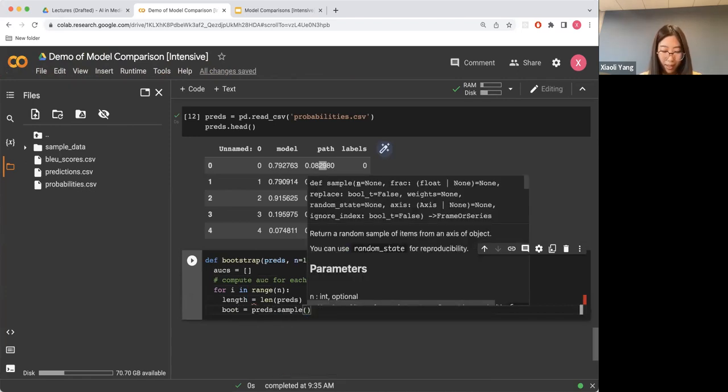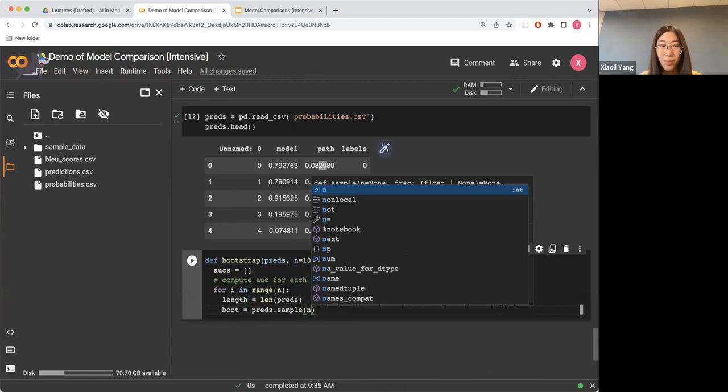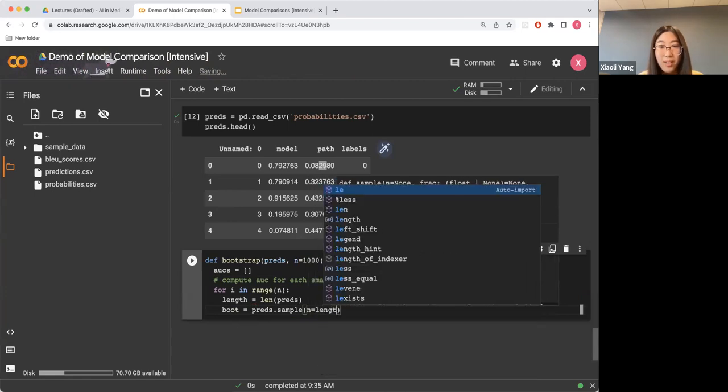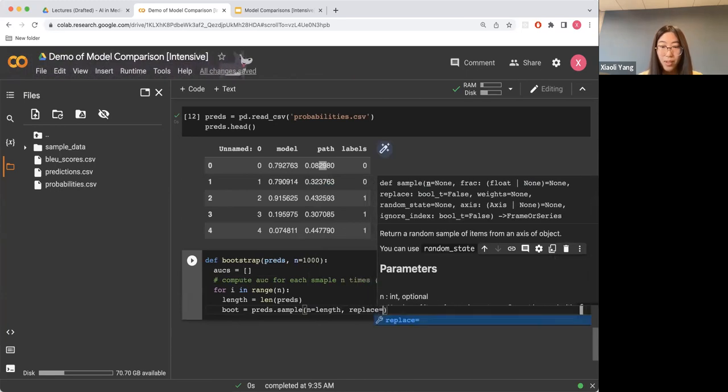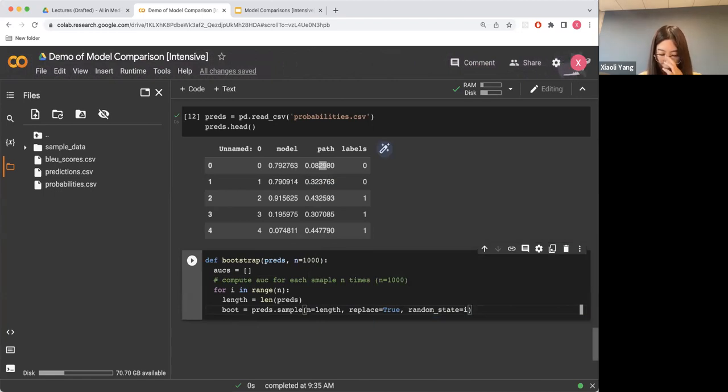We sample from it, we say we want it to equal the length, and we allow replacement, and then we fix a random state to make it reproducible. So this is sampling with replacement.